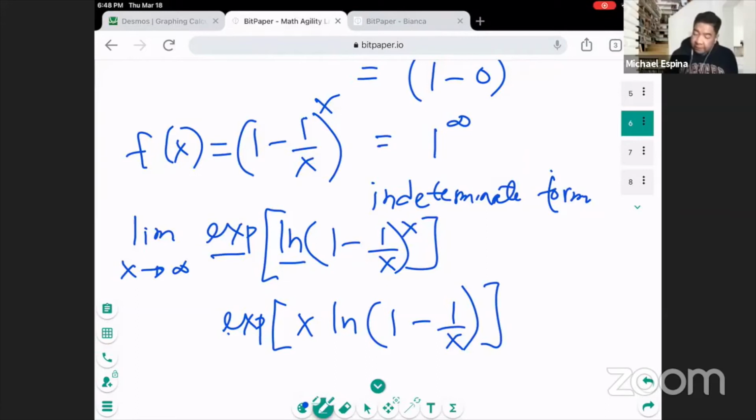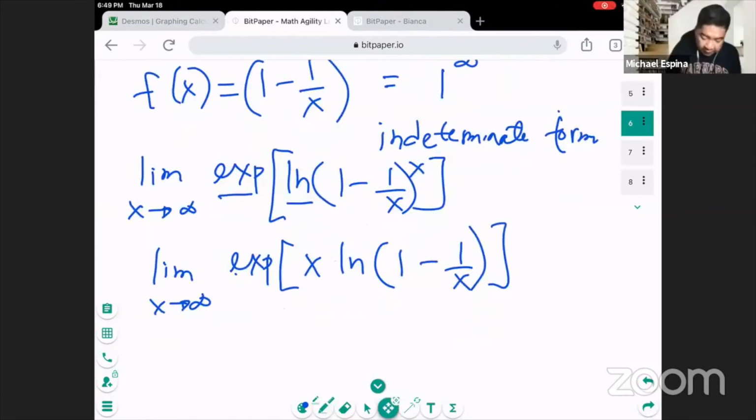Then we can take the limit as x approaches infinity, and we can take the exponential function outside the limit.